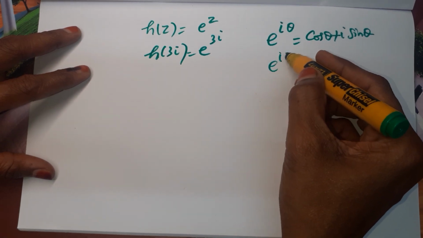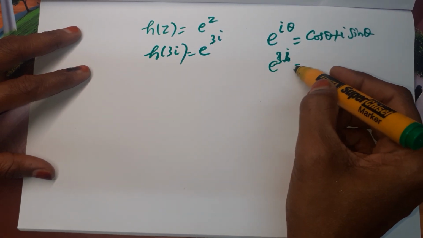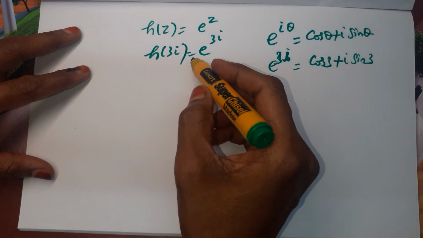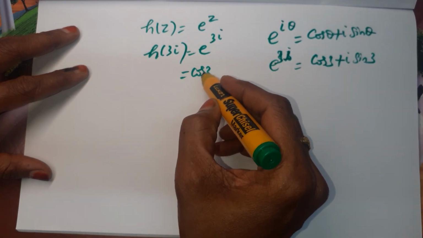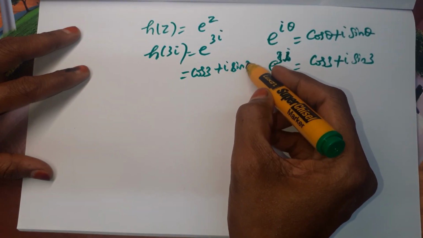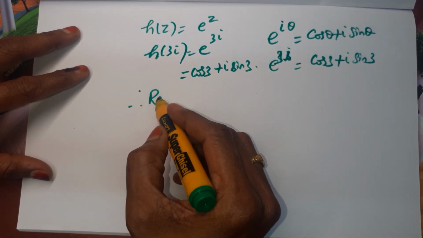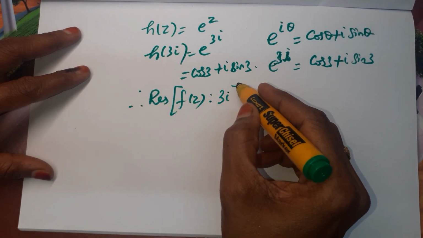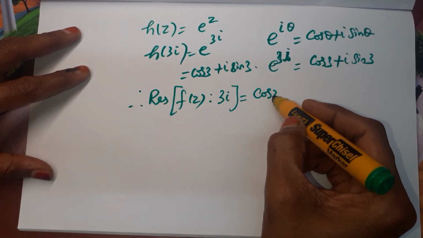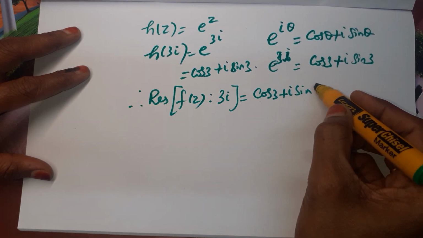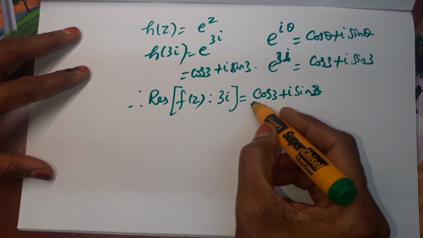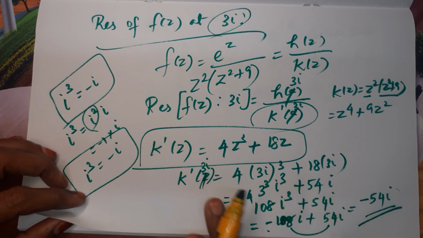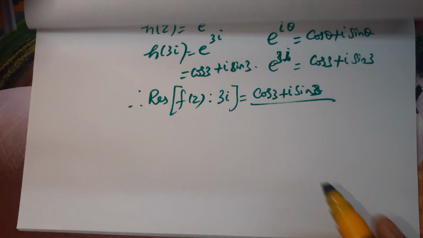So e power 3i is equal to cos 3 plus i sin 3. Therefore, residue of f of z at the pole 3i is equal to cos 3 plus i sin 3 by this one, k dash of 3i, what we got, minus 54i.